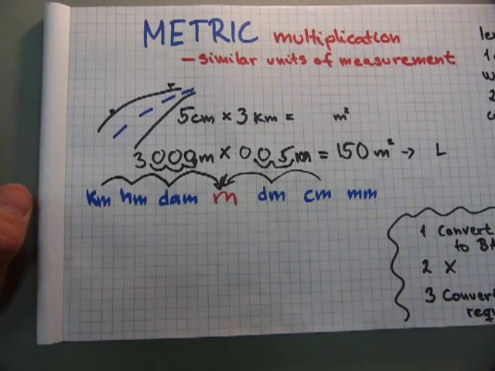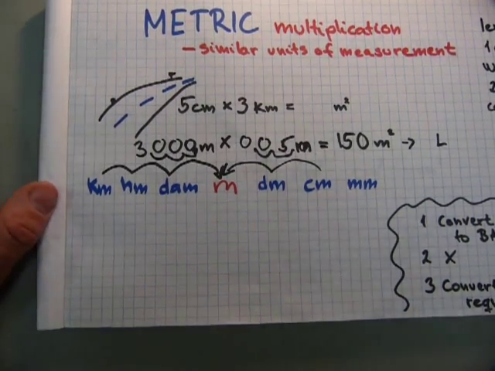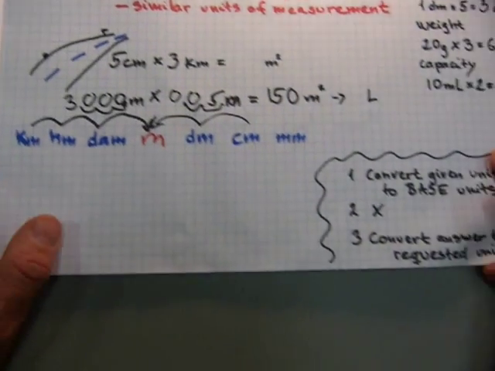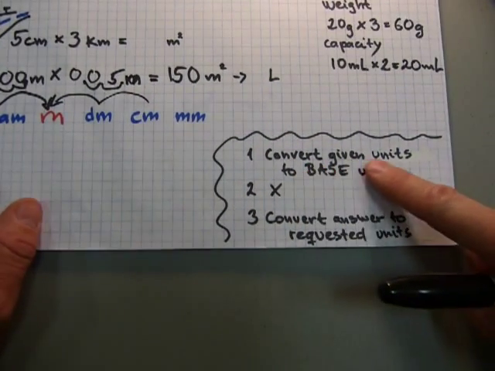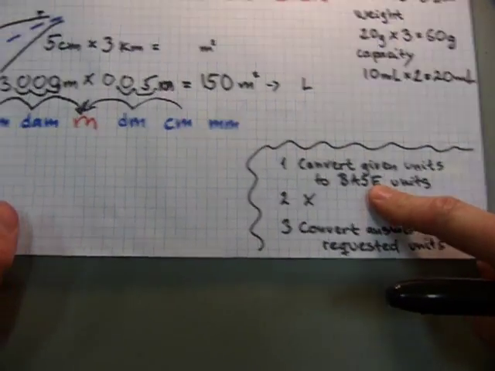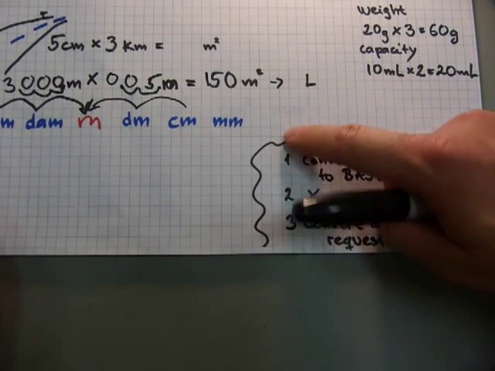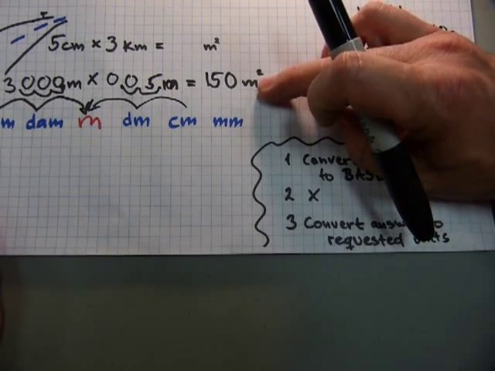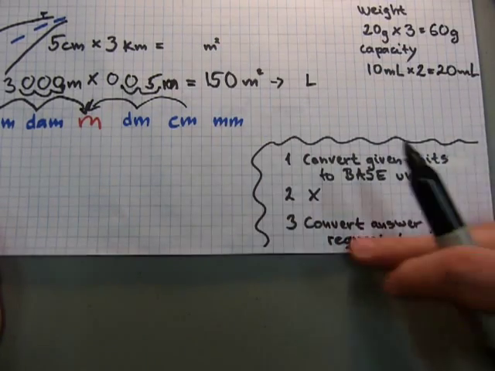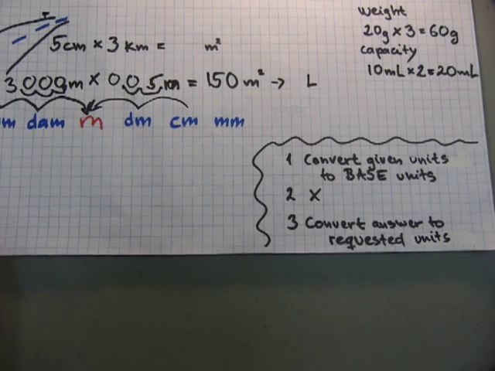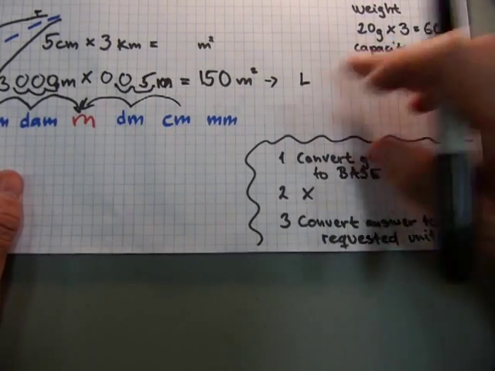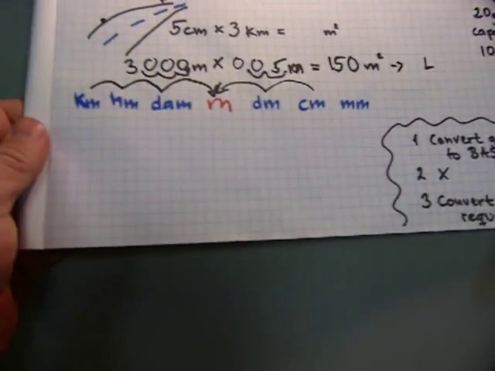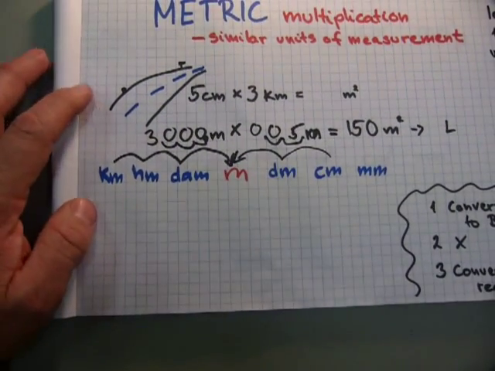So it's gonna need one more conversion, but I'm not gonna do that. In this problem, what we did is we converted the given units to the base units, and we did a multiplication. The answer of the multiplication is in square meters, same as the requested units, so there is no more conversion needed, and converting it to liters is another story, not for this video.